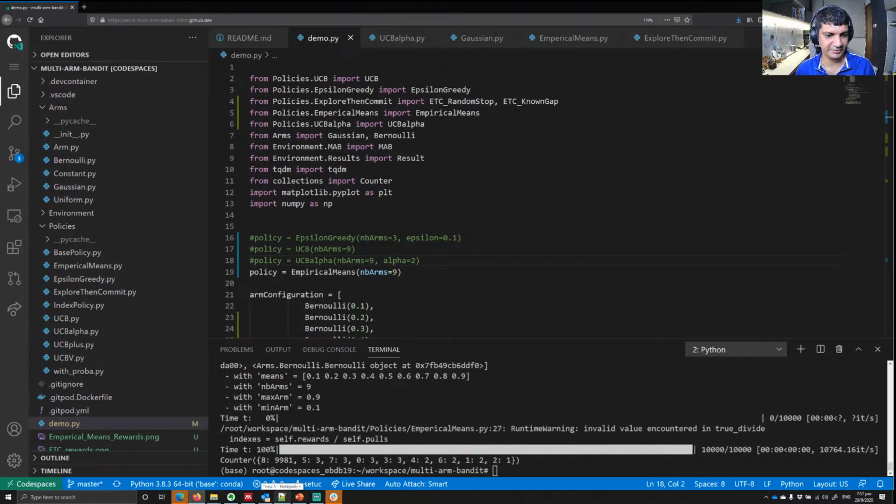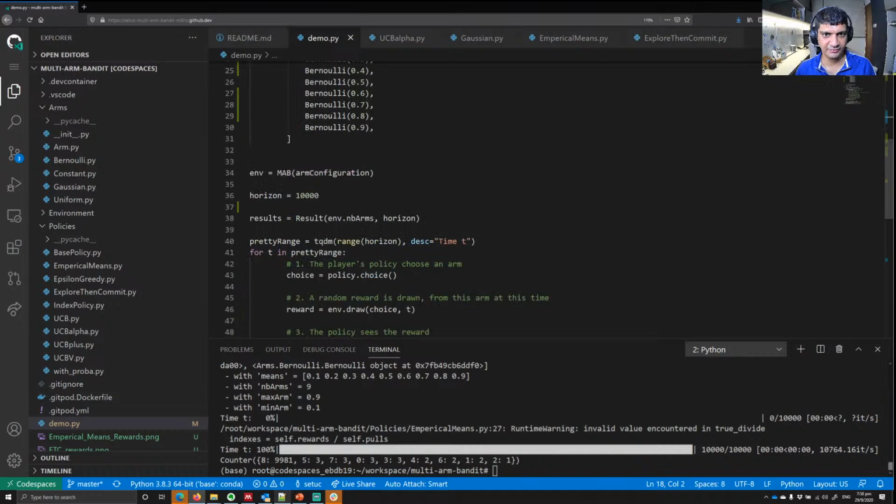You see that it very, very quickly comes to the number 8 arm, which is my Bernoulli with P of 0.9. So that's how we work through this logic. In most of these scenarios, you did find that empirical means was way better than UCB itself.